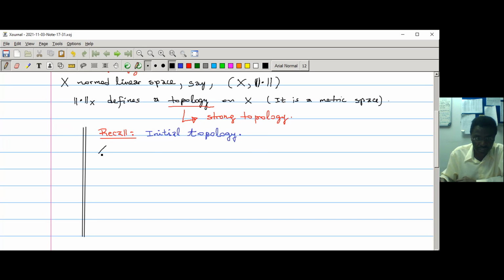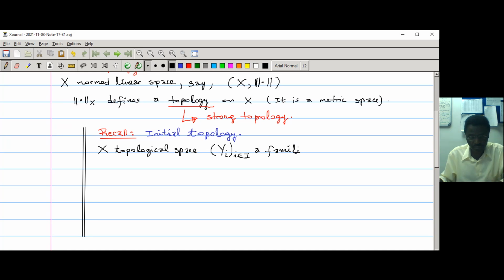So we have X, a topological space, and we have Y sub I, a family of topological spaces.